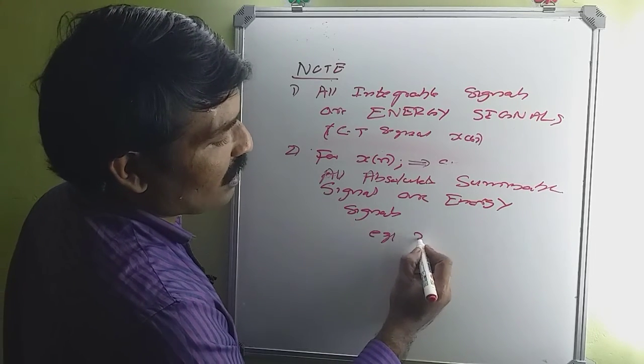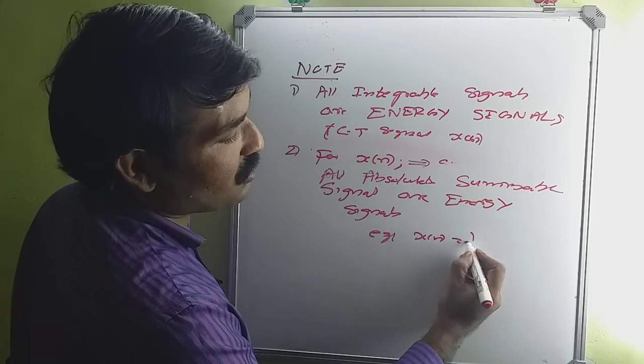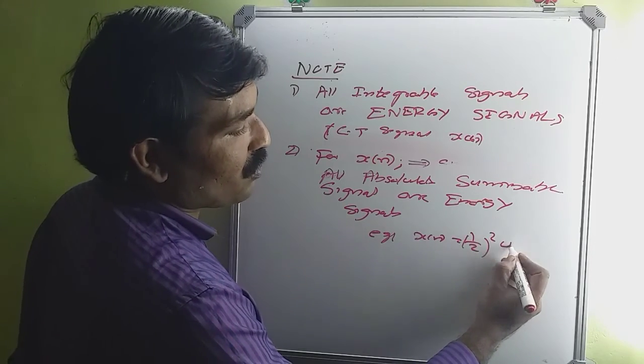Example, x of n is equal to 1 by 2 raised to n u of n.